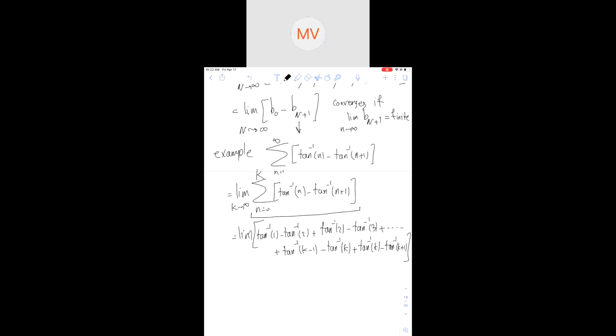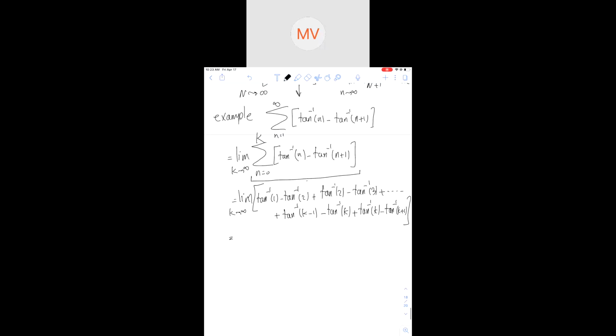Close it. The limit as k approaches infinity. Now I can see a lot of cancellations. Those two with the next term, tan inverse of k minus tan inverse of k, and this one with the term before that. So everything in the middle cancels. We are only left with the limit of tan inverse of 1 minus tan inverse of k plus 1.